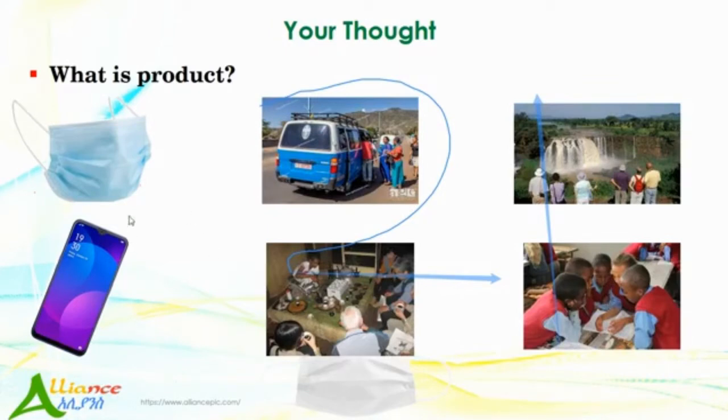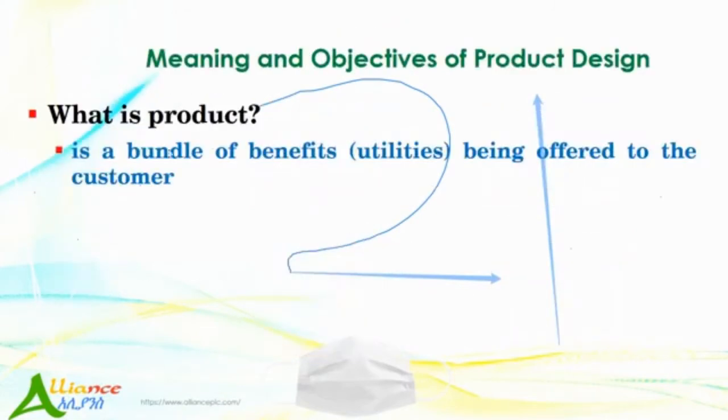Some of these products are tangible, some are intangible. Basically, in any project, we are going to produce a product, and that product can be tangible or intangible. We will see that in detail later.